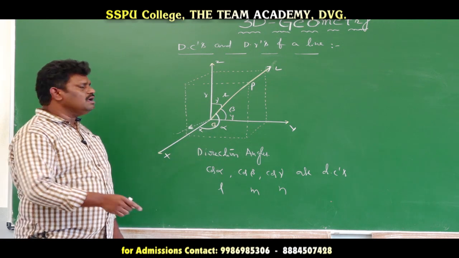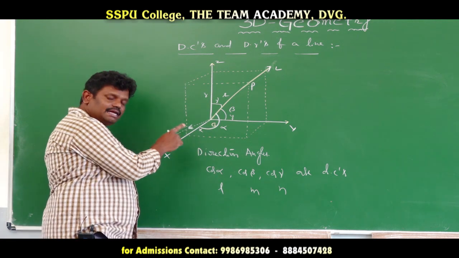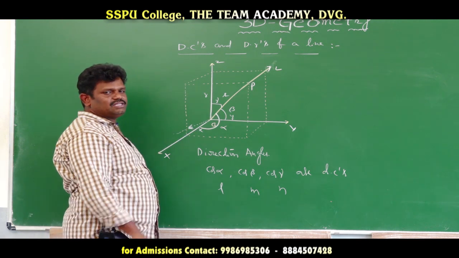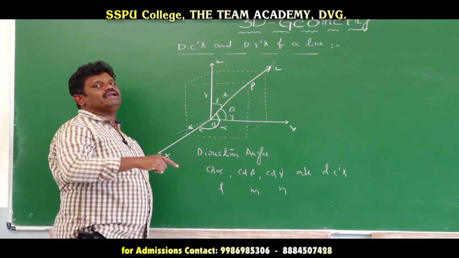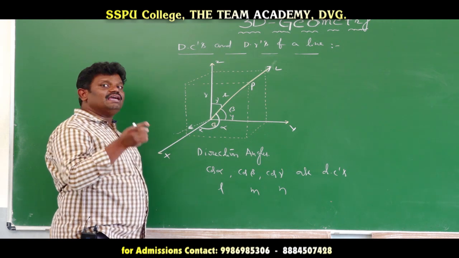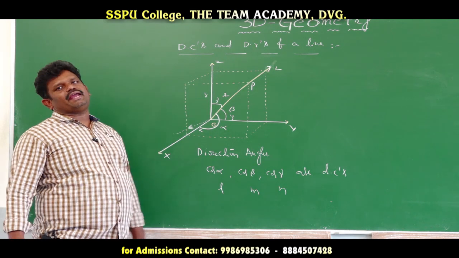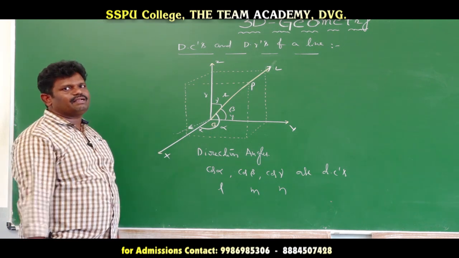If you reverse the direction of the directed line, then the direction angles are replaced by their supplementary angles.